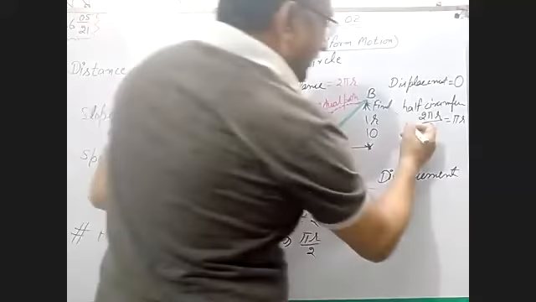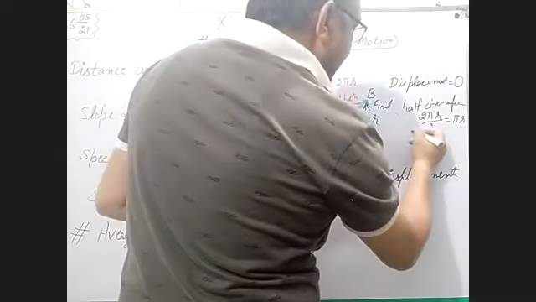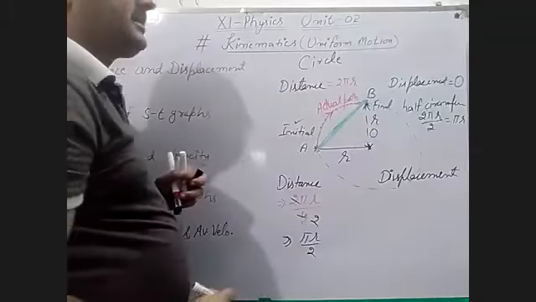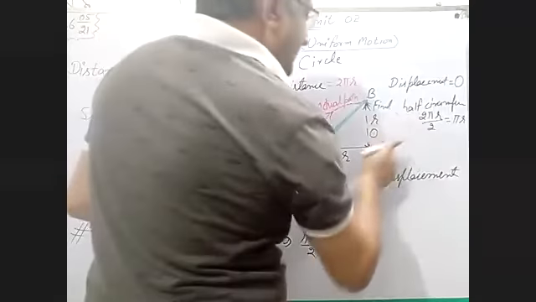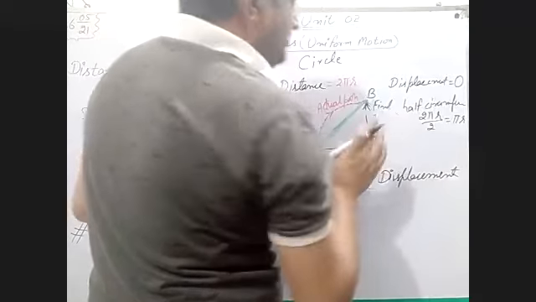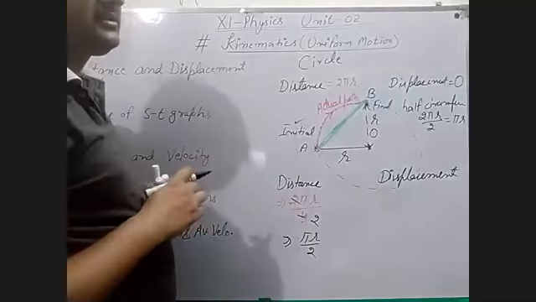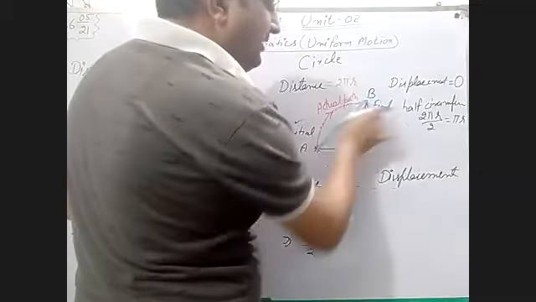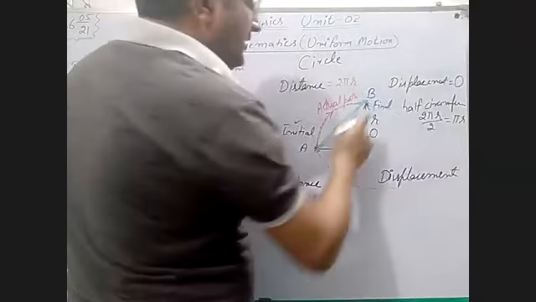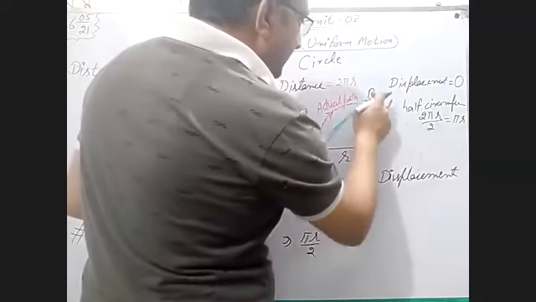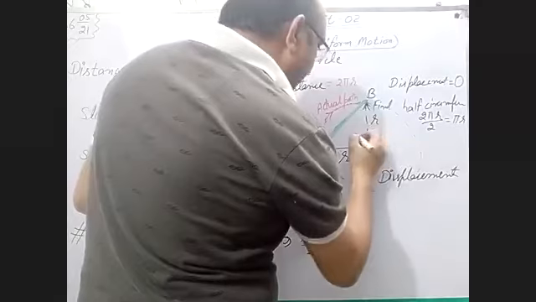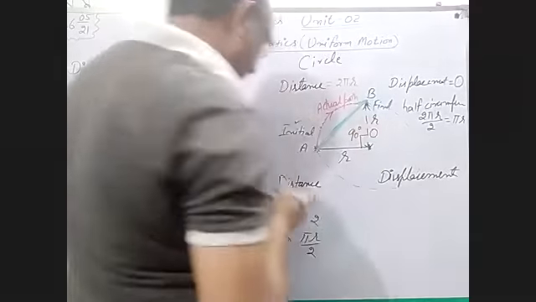If we take the normal from anywhere on this circumference, all these cross the center O, and these normals show you the radius. Everywhere you can take radius in this circumference. Now I am taking the radius from this point to this point.